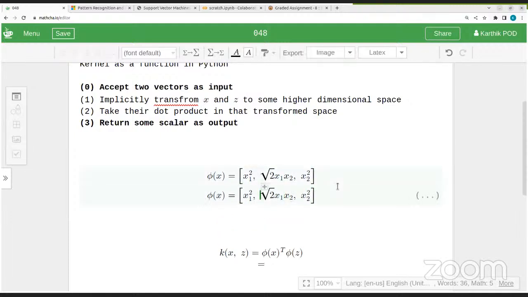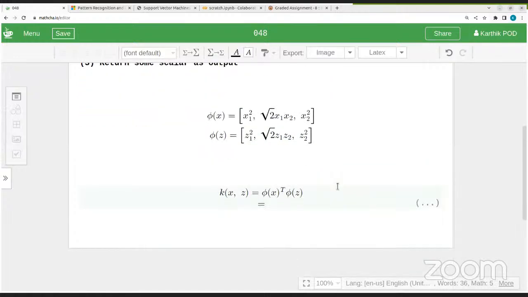Now I can do the same transformation for phi of Z. So this will be Z1 square, root 2 Z1 Z2, Z2 square. Now if I do phi of x transpose phi of z, what do I get? I get x1 square z1 square, plus 2 x1 x2 z1 z2, plus x2 square z2 square, right?